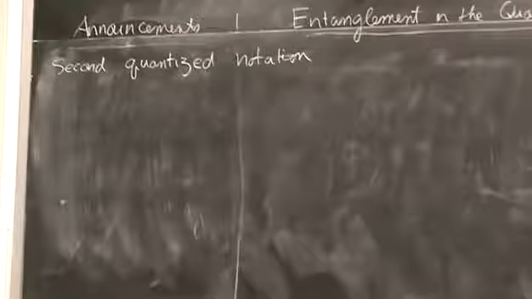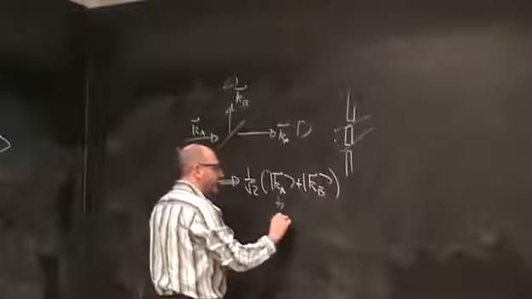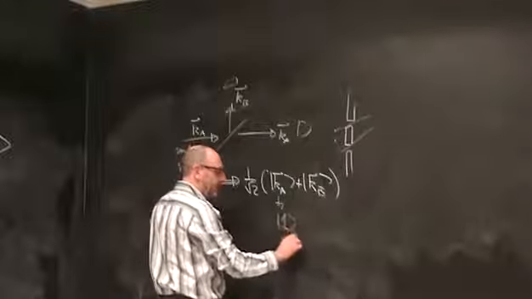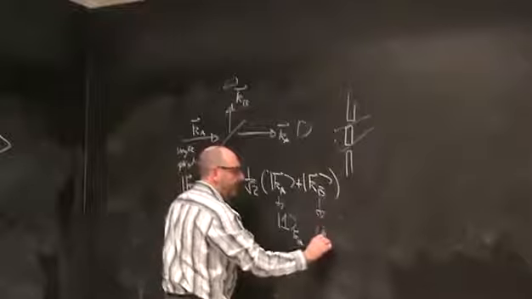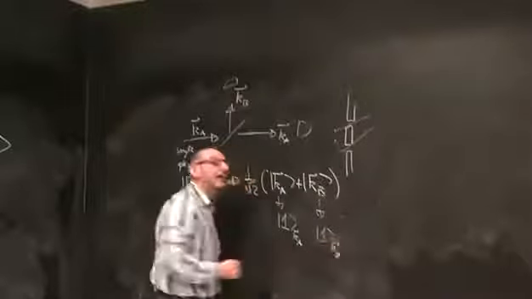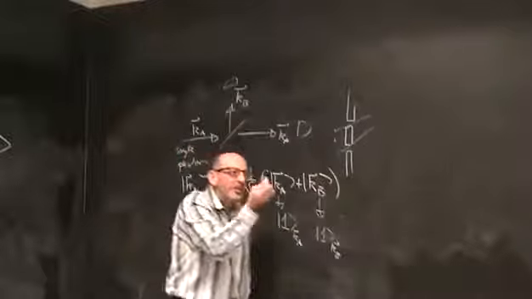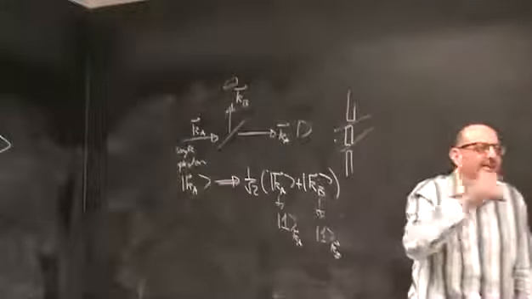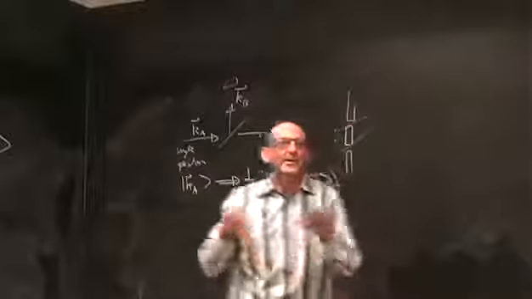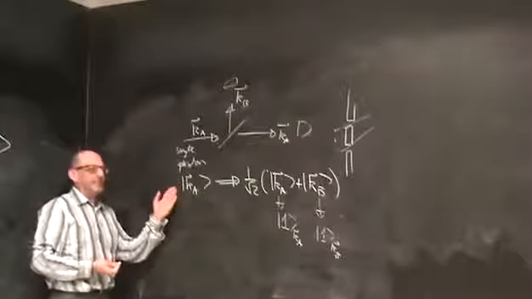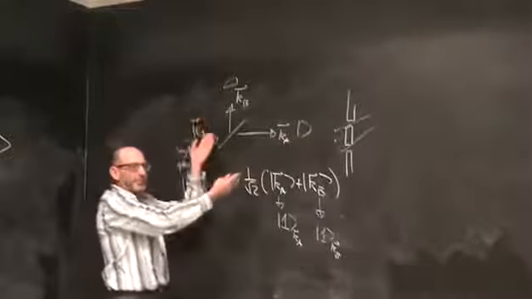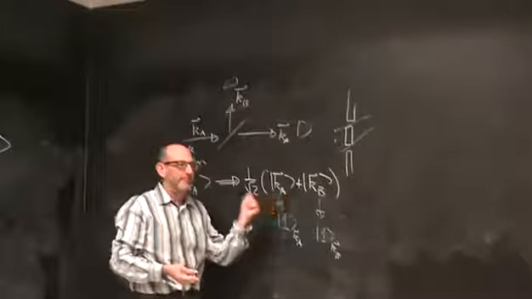If I put a detector here, or I put a detector here, there's some probability. In first quantized notation, this is one photon in the mode Ka, and this is one photon in the mode Kb. This is the quantum mechanics that you've learned: an electron in a plane wave state, an eigenstate of momentum, and afterwards it's in a superposition of two momentum eigenstates, right?